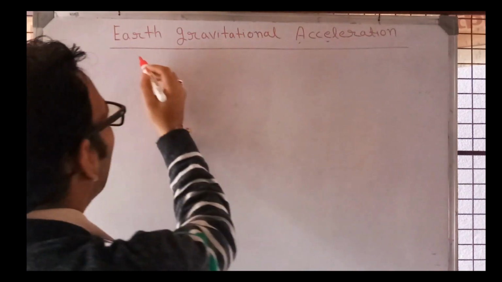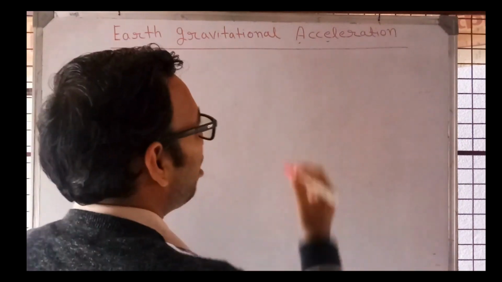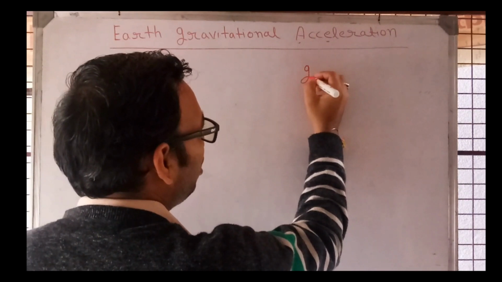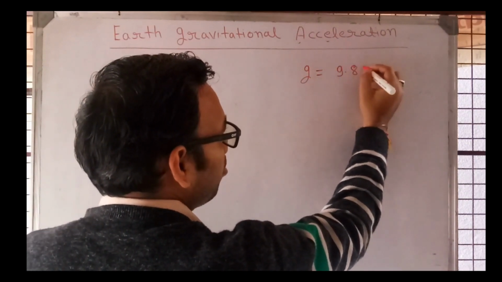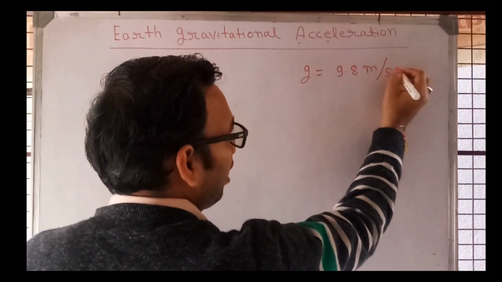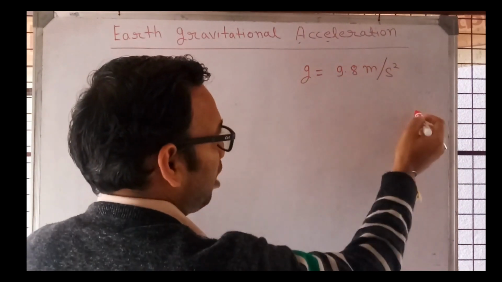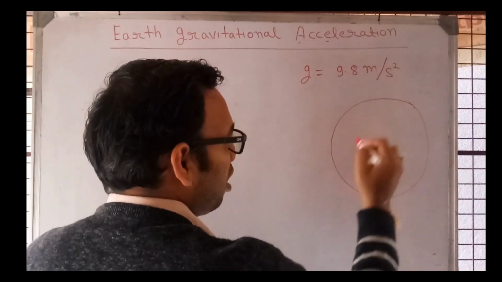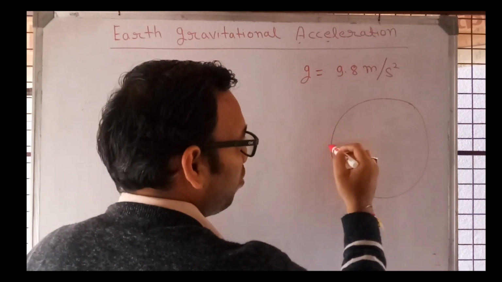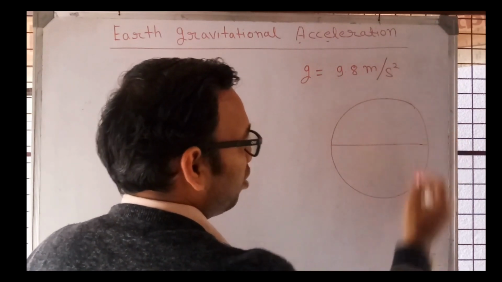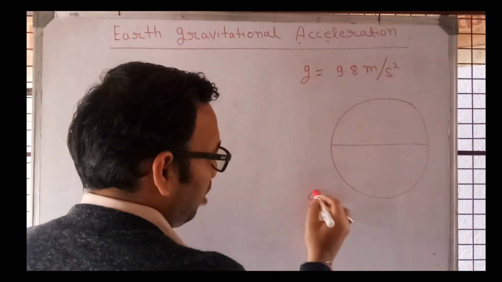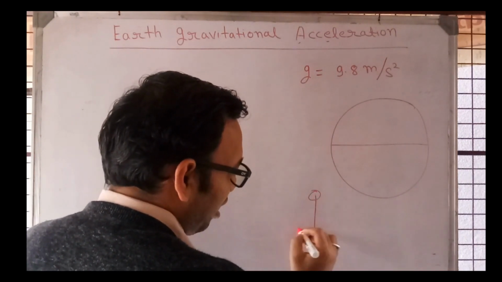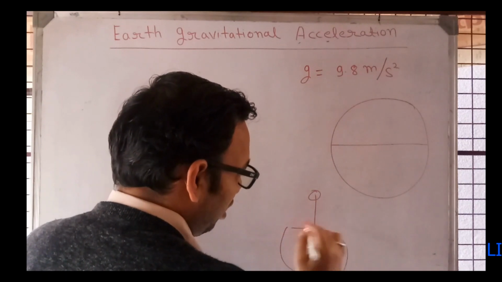To find the Earth's gravitational acceleration, the value of g, that is called g, the g is 9.8 meters per second squared. So we are going to find the Earth's gravitational force. If any object is there, how is it accelerating toward the Earth?